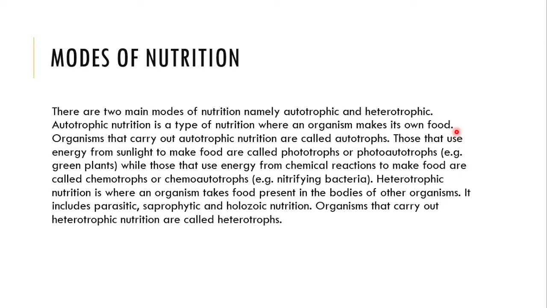But what we need to know is that autotrophic nutrition is a type of nutrition where an organism makes its own food. Now, organisms that carry out autotrophic nutrition are called autotrophs. So any organism that makes its own food is known as an autotroph. Those are the organisms that make their own food, autotrophs. Those that use energy from sunlight to make food are called phototrophs or photoautotrophs.